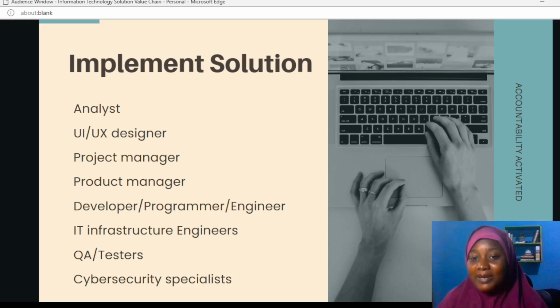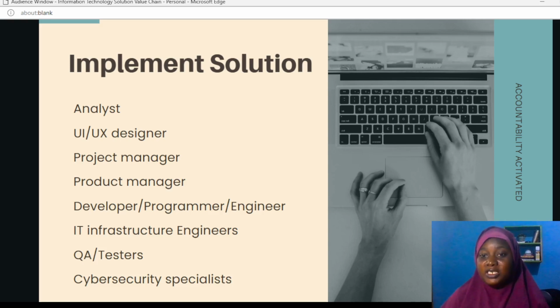So we also have the cybersecurity specialists, people that ensure that the information technology infrastructure is secure, from the development to the implementation to the deployment to the different users of the system, to ensure that only the people that need to have access to particular systems in the organization have access to it.